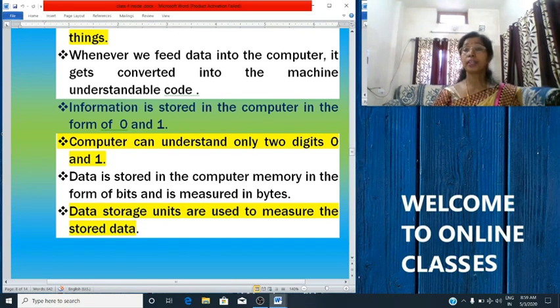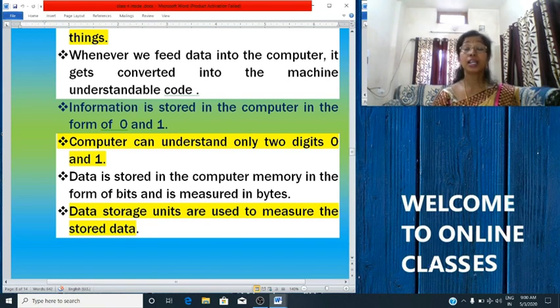The memory capacity is expressed in terms of byte. All instructions or data given to a computer are converted into binary language before being processed.